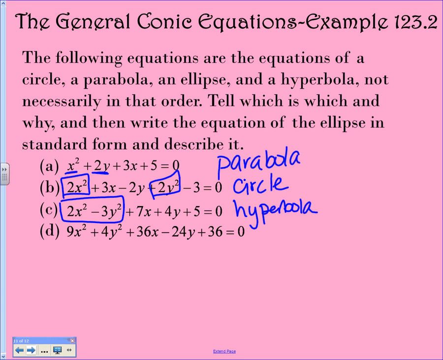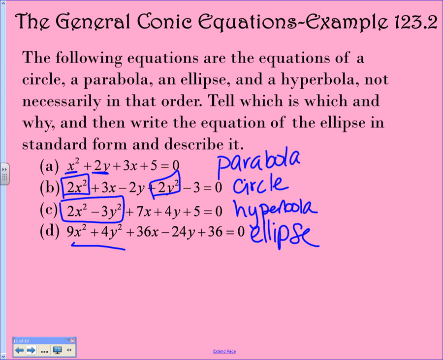What are we going to look at? Are we going to look at this term? What about this term? So they're both positive, so it's either a circle or an ellipse, right? Okay, why is it an ellipse over a circle? Are these two numbers the same? So is it going to have the same radius left and right as it does up and down? Okay, so it makes it an ellipse. Do y'all see how that works?